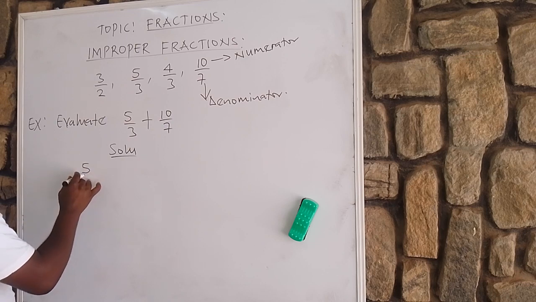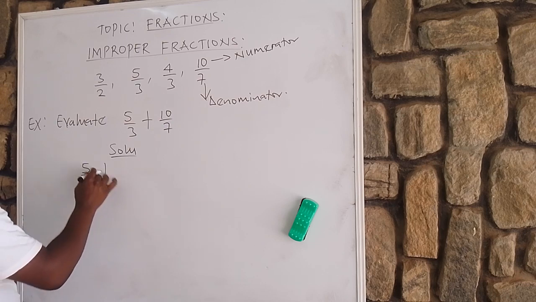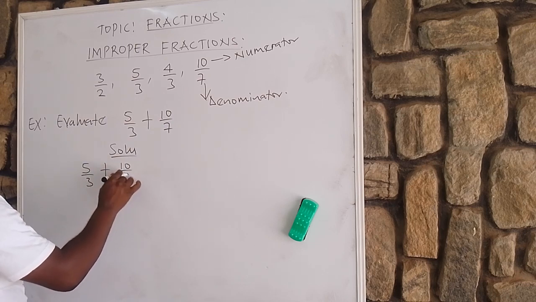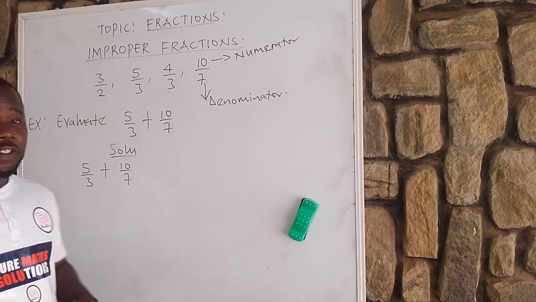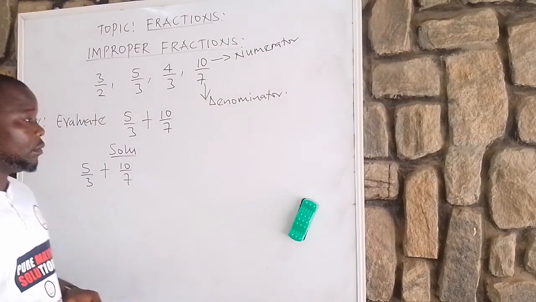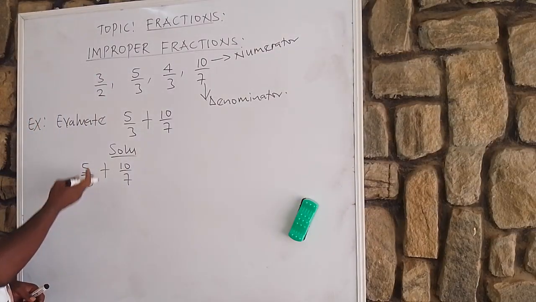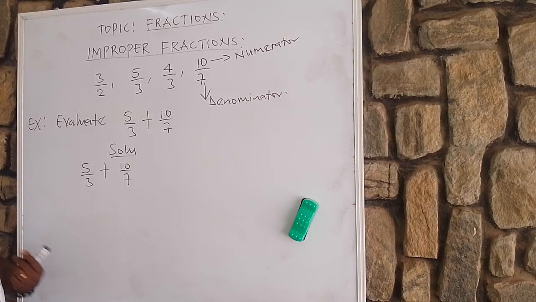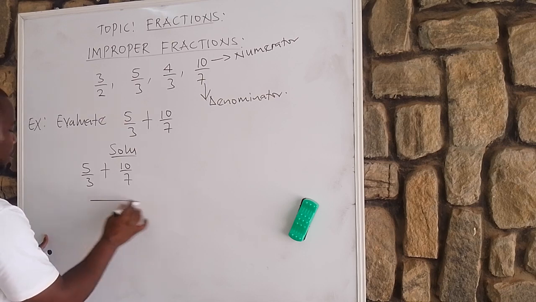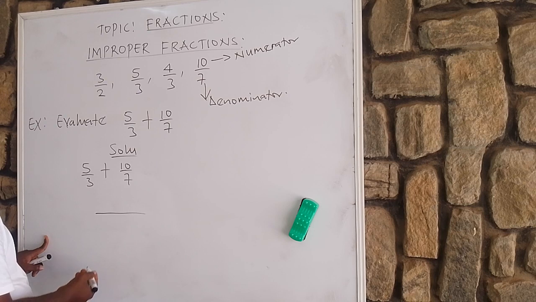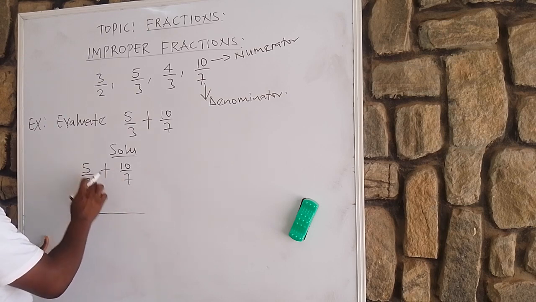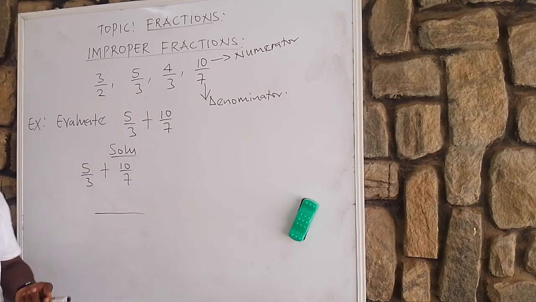Our 5 all over 3 plus 10 all over 7. This implies that it's the same approach. The way we solved proper fraction is the same way. We can now go for the LCM. Either use this one to multiply, this one to multiply, whichever way you want to do it.